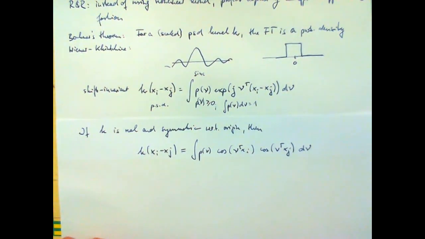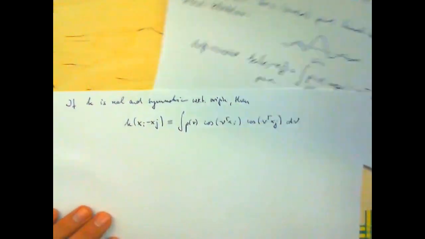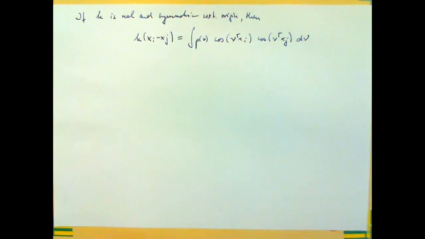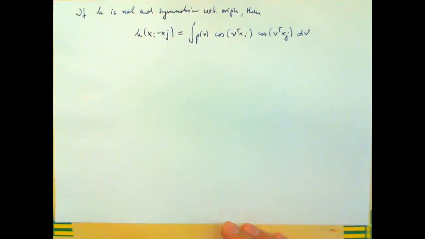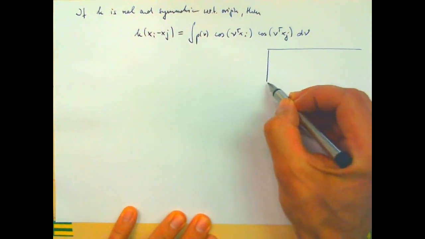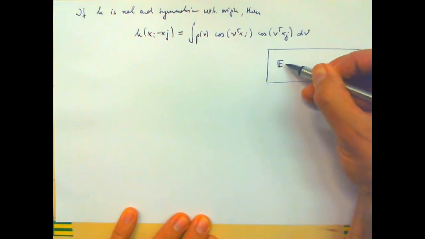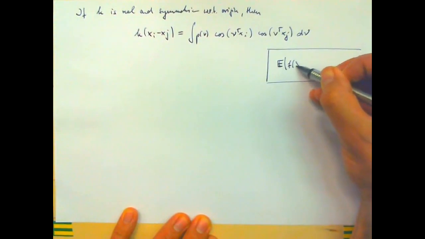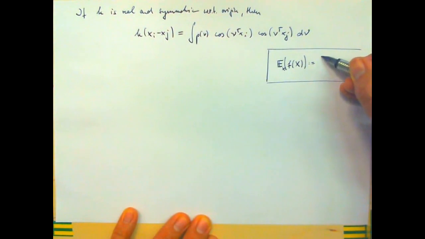Now, we have some function here that's weighted with a probability density function, and if you remember how to compute the expectation of some function of a random variable x, if it's continuous, then this would simply be p of x times f of x dx.